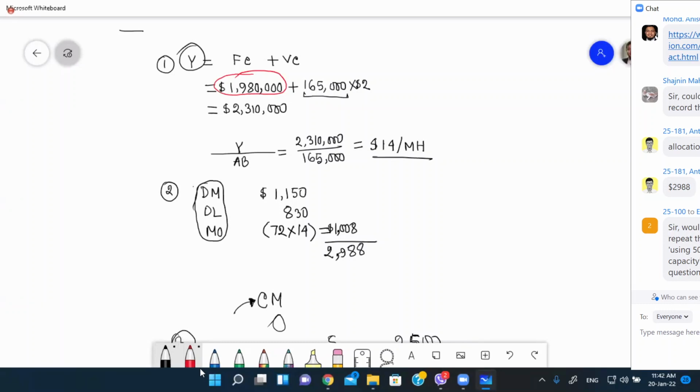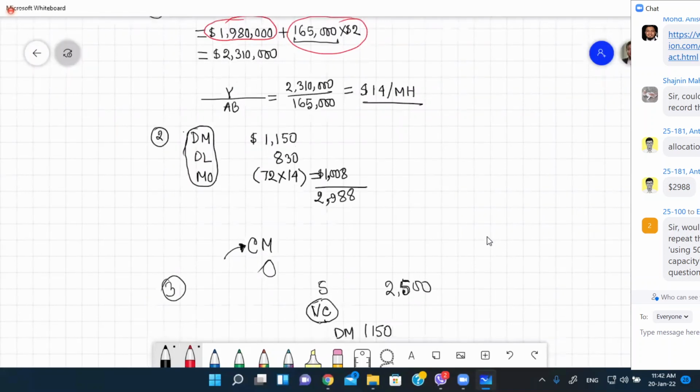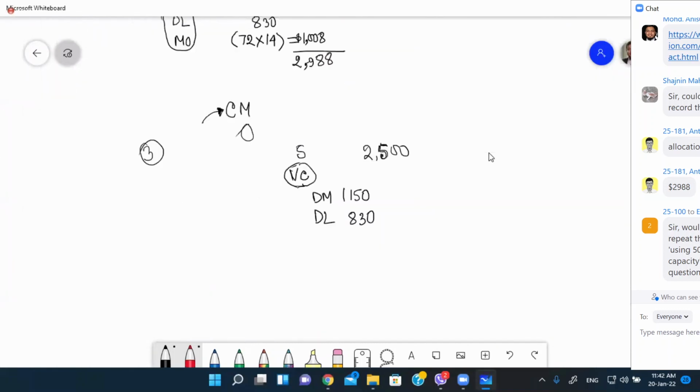So which component is variable? This component is variable. So for contribution margin, we need to sum all the variable expenses. So $2 per machine hour, that is the variable manufacturing overhead. Let me write it. Variable manufacturing overhead. For this job, how many machine hours have been used? 72 machine hours multiplied by 2. So we will get 144.